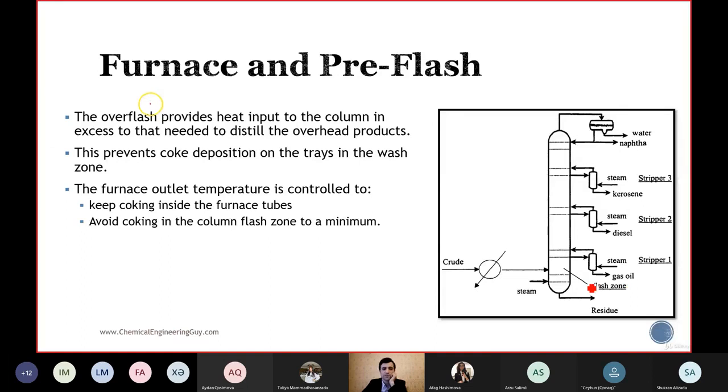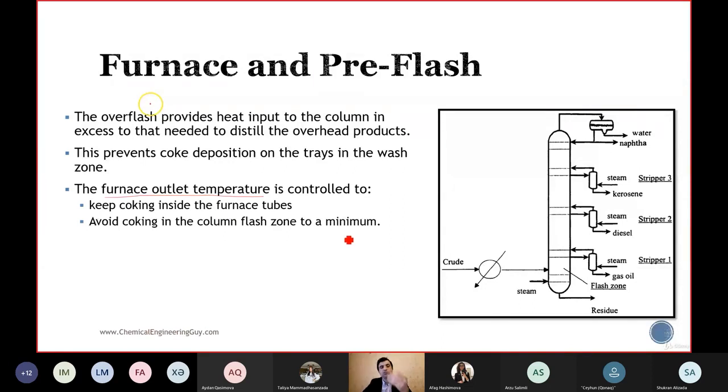But it is also really important to control the furnace outlet temperature, to keep cooking inside the furnace tubes, and also cooking in the column flash zone, to a minimum. You don't want a lower temperature, because then you have poorer distillation.